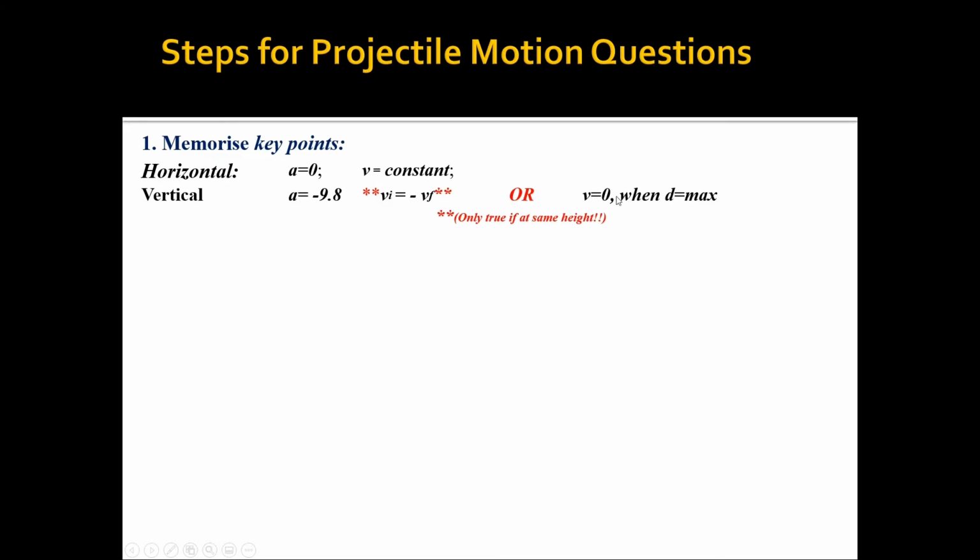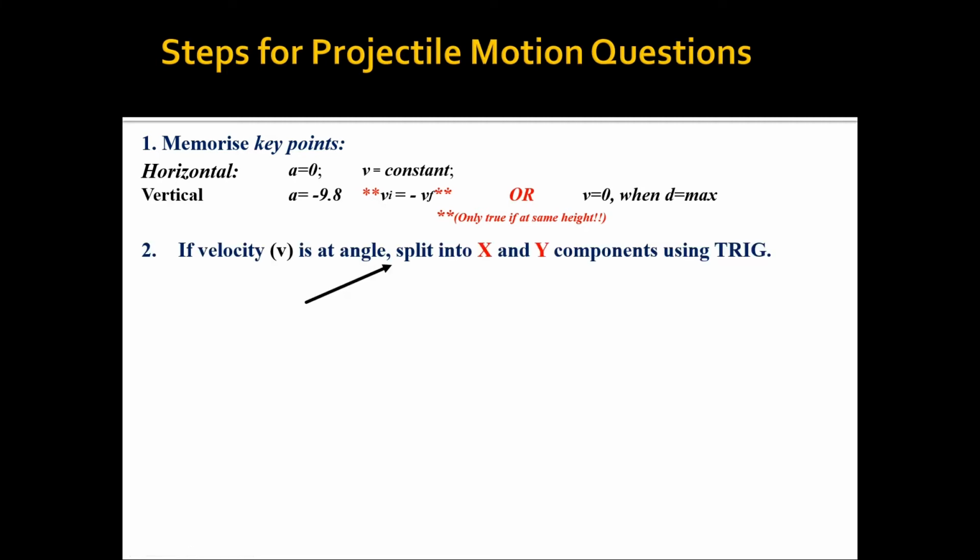Also, the final velocity is equal to the opposite of the initial velocity if it comes back down to the same height. It is also important to recognize that the velocity will be constant in horizontal motion.